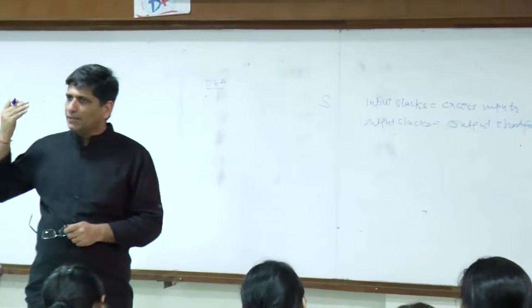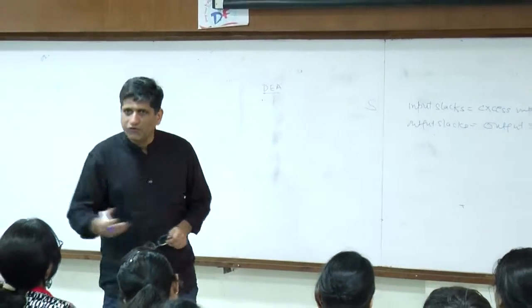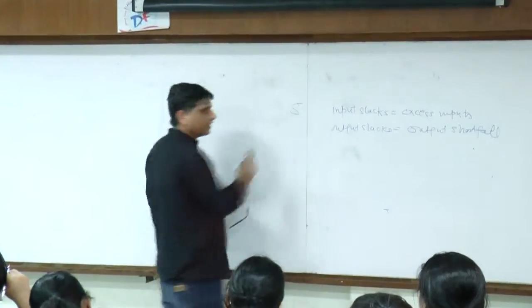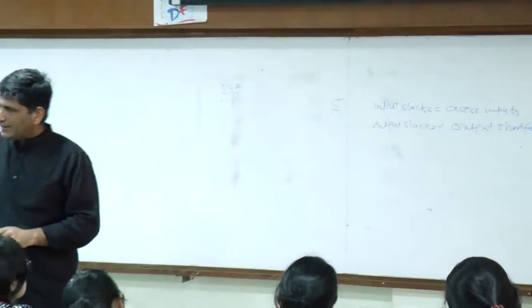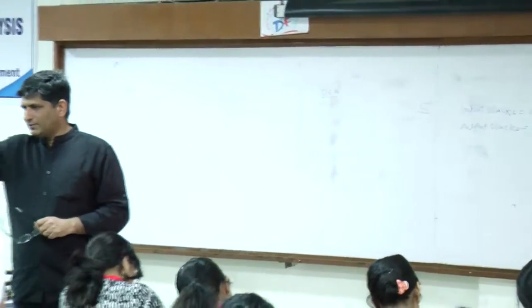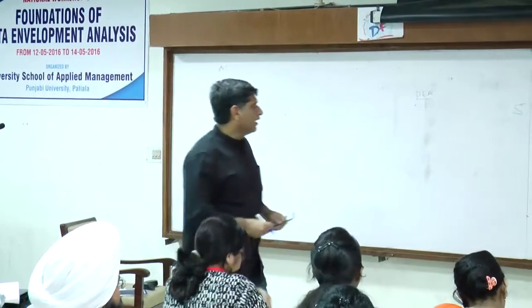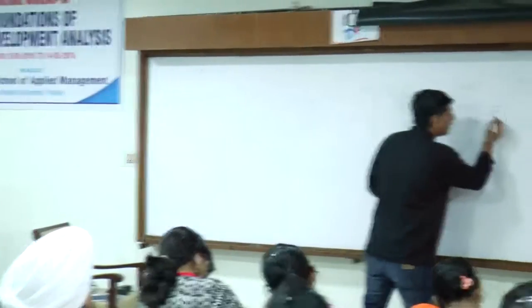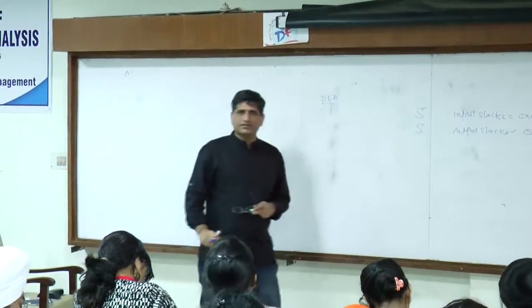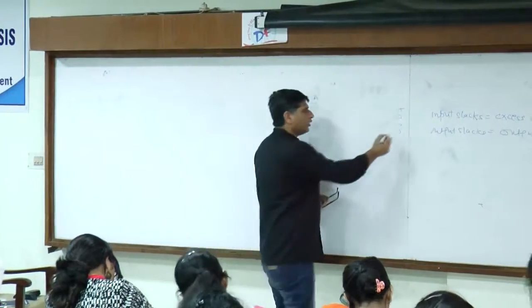Since inputs are required to be reduced, the superscript is minus, s minus. This will be the notation for the input slacks. For output slack, what should be here? Plus or minus? Plus. Okay.